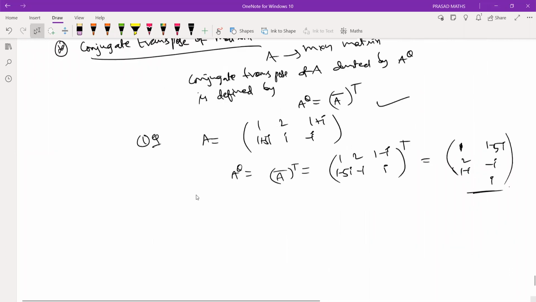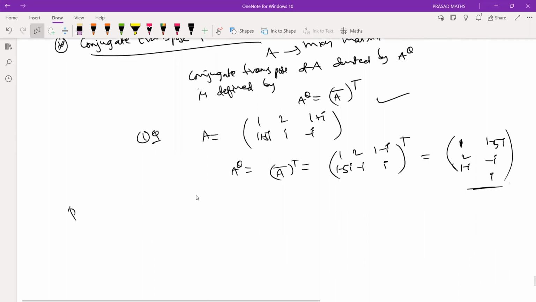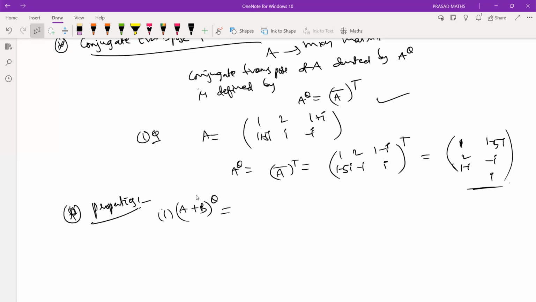Now the properties. Suppose you are given two matrices A and B of the same order. First, the conjugate transpose of the sum is equal to the sum of the conjugate transposes.